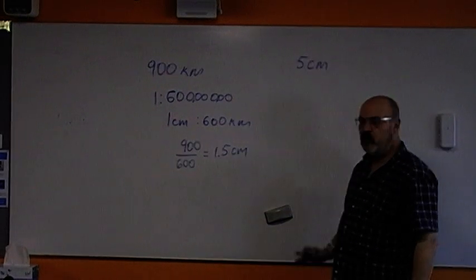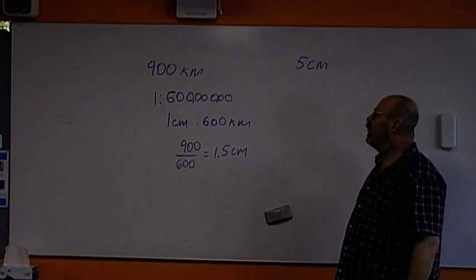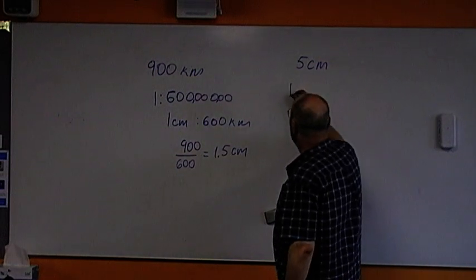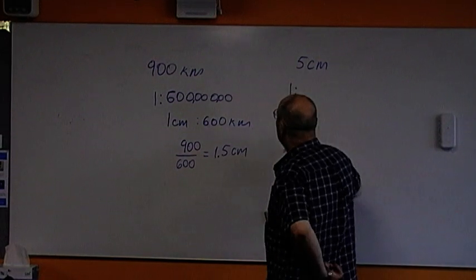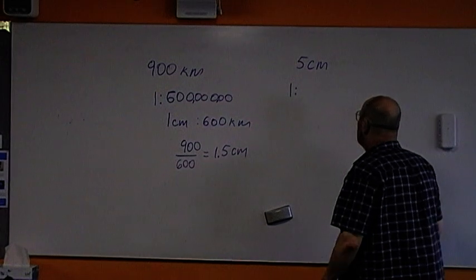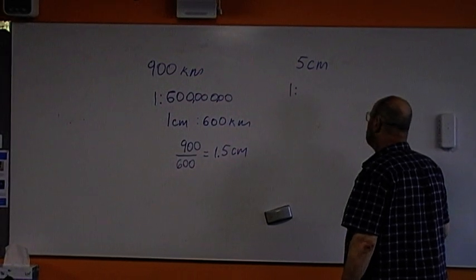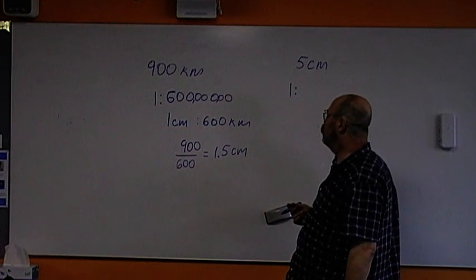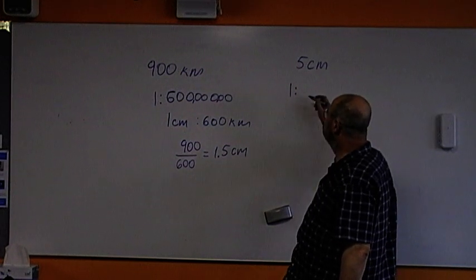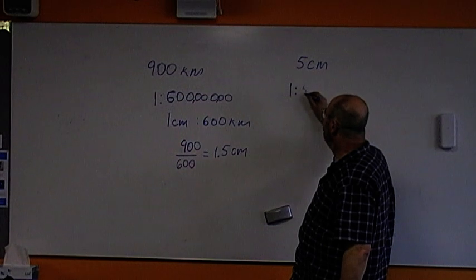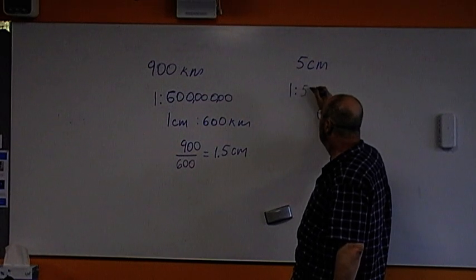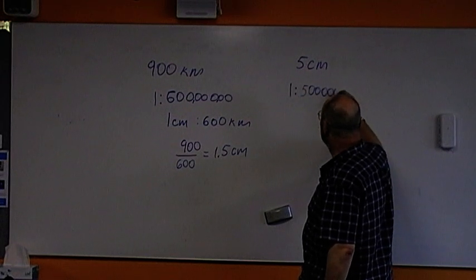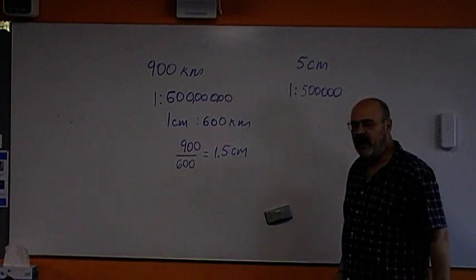So the distance on the map is 5 centimeters, and the scale of the map is 1 to, let's say, 500,000.